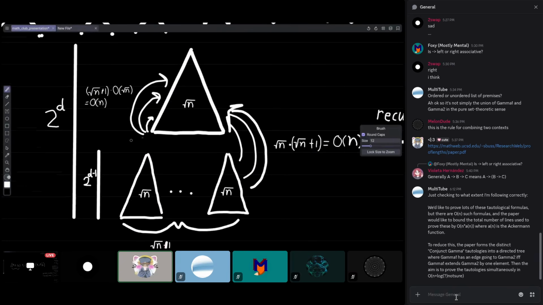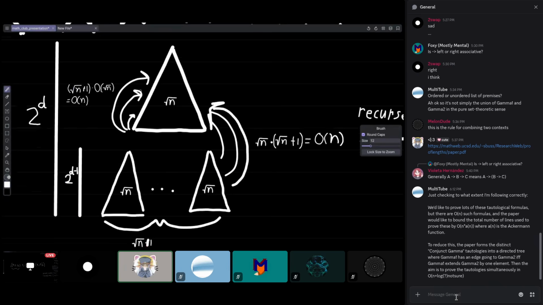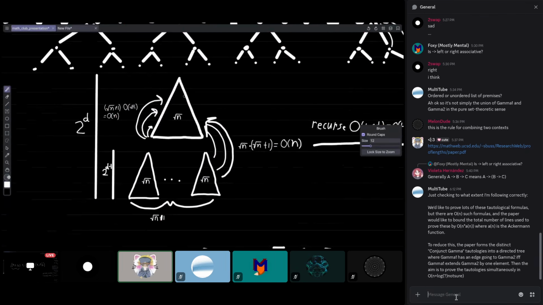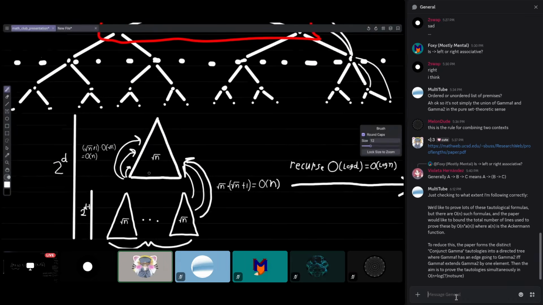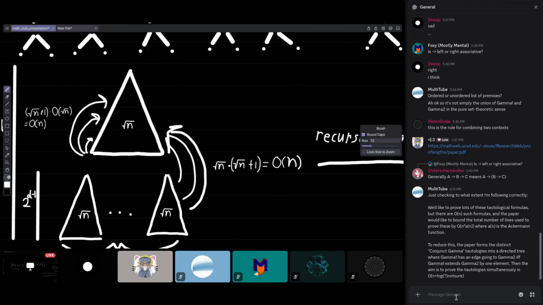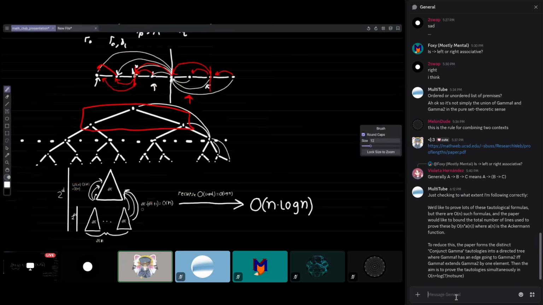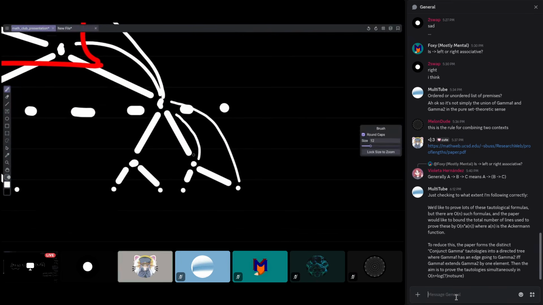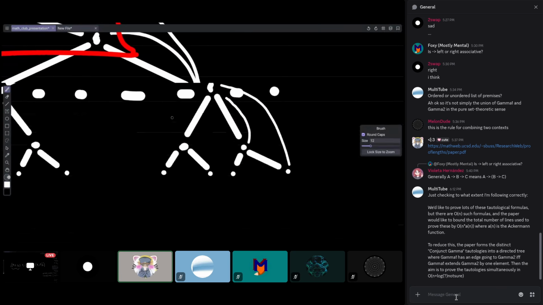Anyways, I claim you can split a balanced binary tree in this way, where you split it in the middle and you get approximately root n nodes at the top and a bunch of subtrees that have approximately root n nodes. So what we need to do is draw these arrows where from every one of these nodes we jump up to the cut.